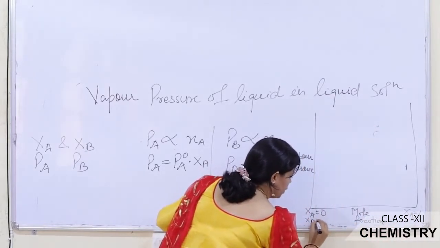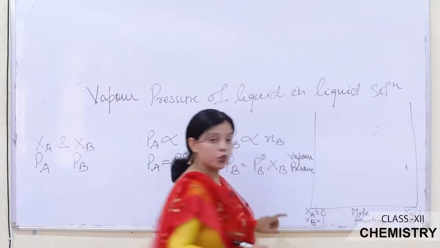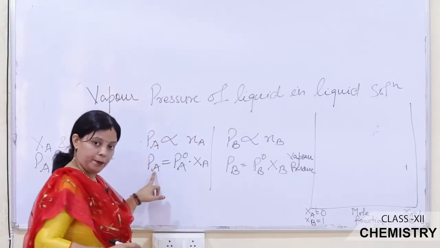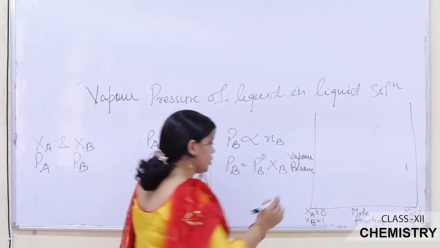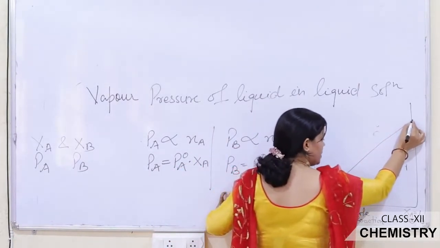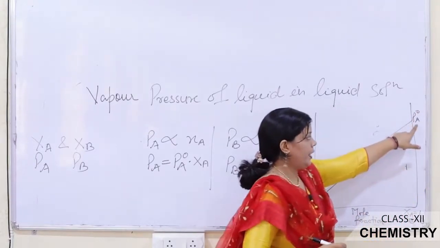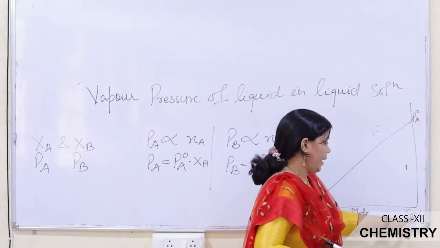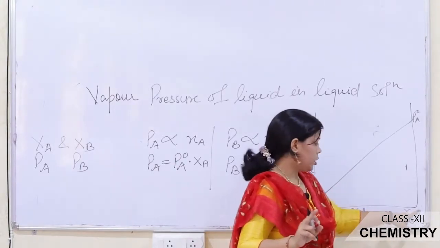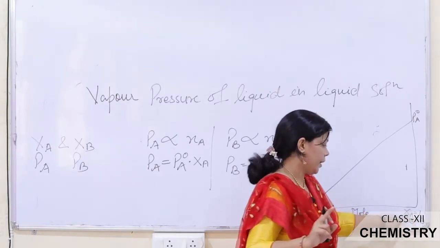Here Xb is equal to 1 and Xb is equal to 0. So according to Raoult's law, when we plot a graph between Pa and Xa, we find a straight line passing through Pa naught. At this Pa naught, Xa is equal to 1. It means in this case the vapor pressure in the solution is only due to component A.